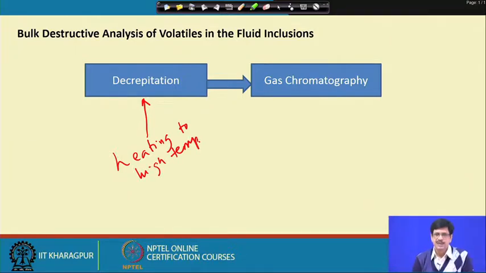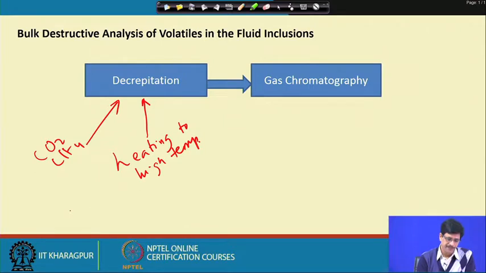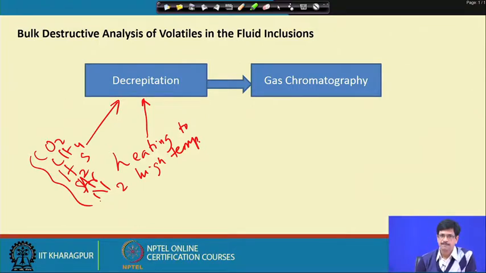This could be achieved by designing some kind of chamber, a furnace, where the temperature could be raised to very high values, 1000 degrees or even more, in which we could ensure that most of the inclusions which had these volatile species like carbon dioxide, methane, or other species like H2S and argon, nitrogen and so on, could be released from the sample.